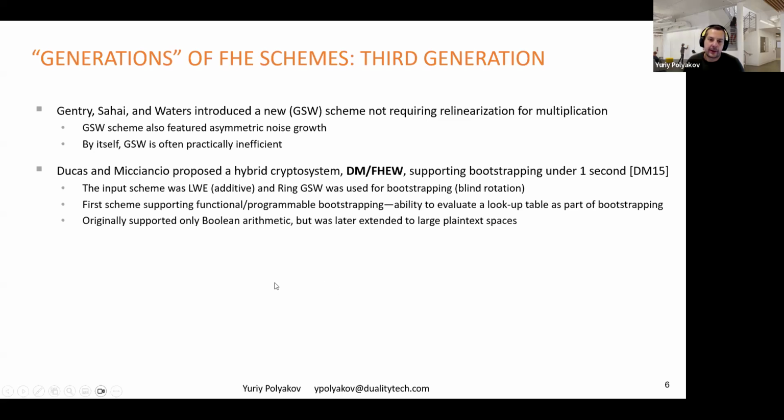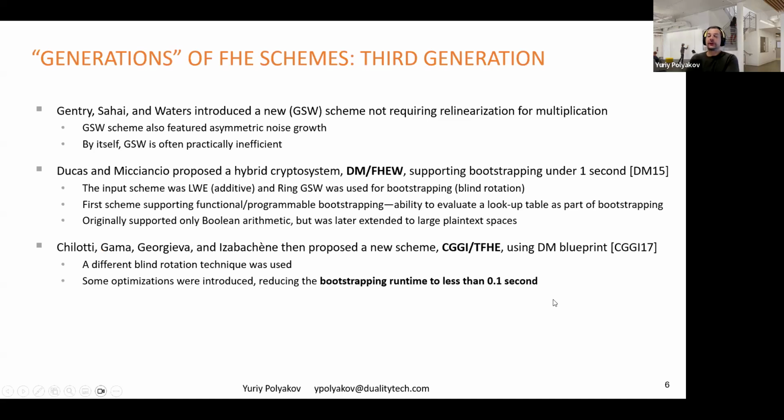And the other scheme that followed the same blueprint, the DM blueprint, and which is extremely popular now, often called the TFHE scheme, also called the CGGI scheme, was introduced subsequently.